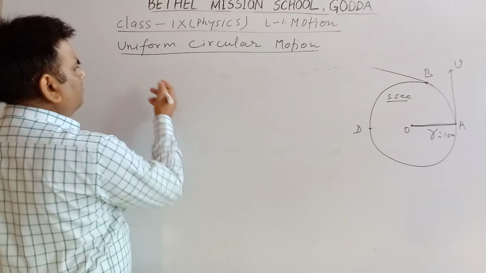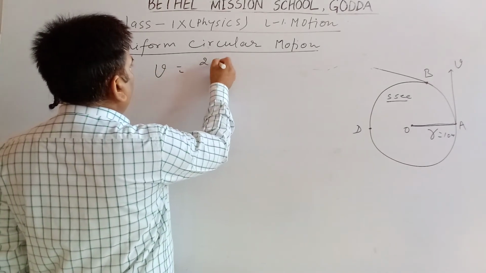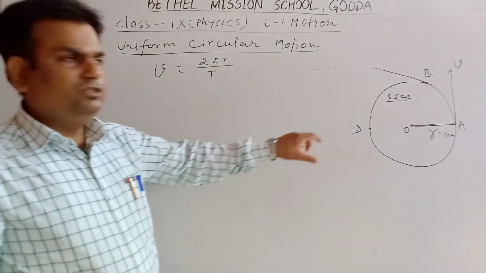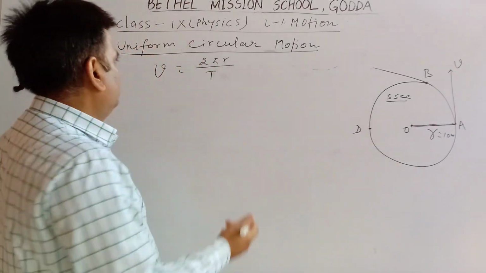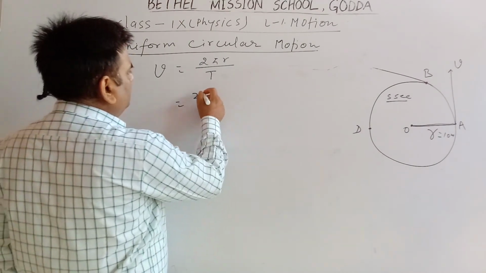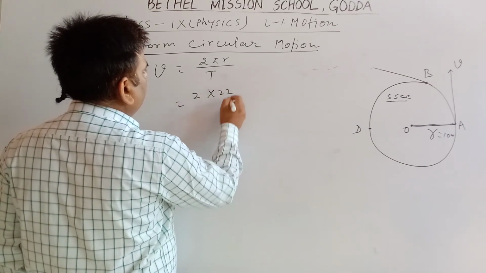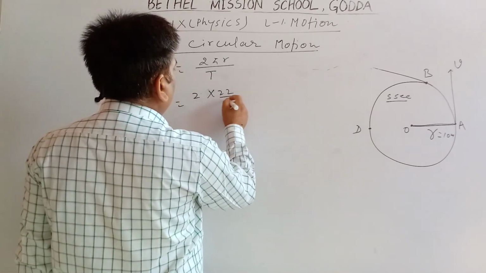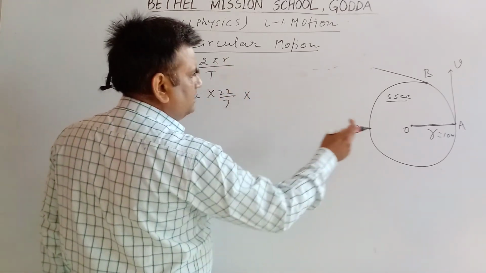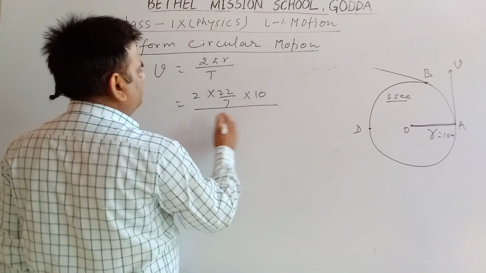The equation of circular motion is v equal to 2 pi r by t, and we will put all these values. 2 pi means 2 into 22 by 7, and r is 10, and time is 5 seconds.